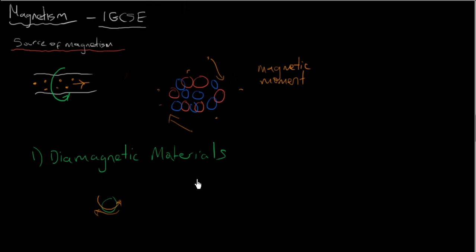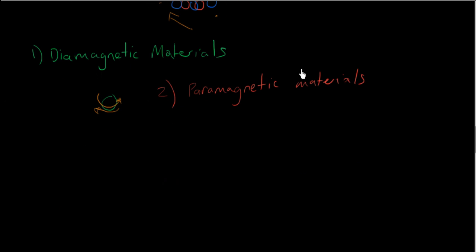And number two would be the paramagnetic materials, and these would have more unbalanced numbers of electrons.